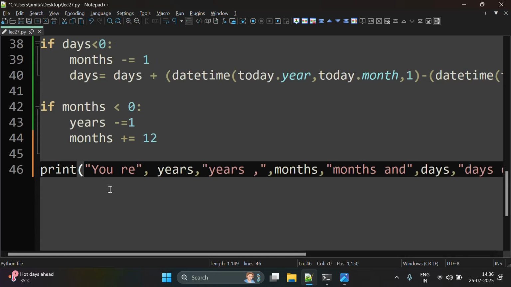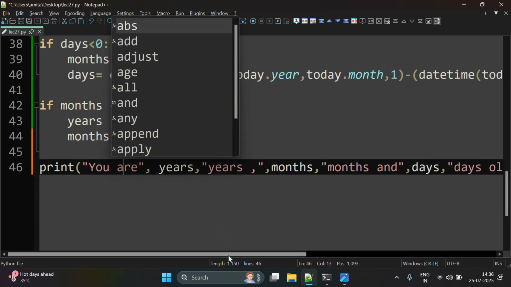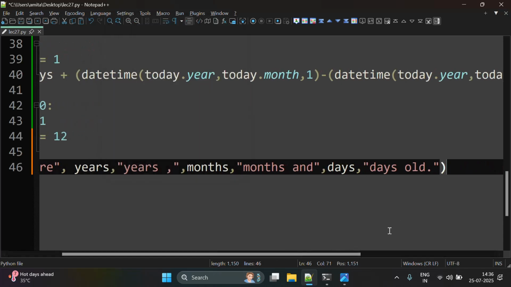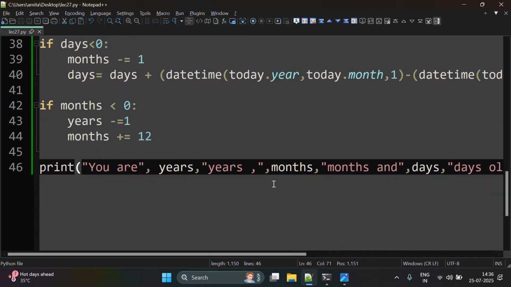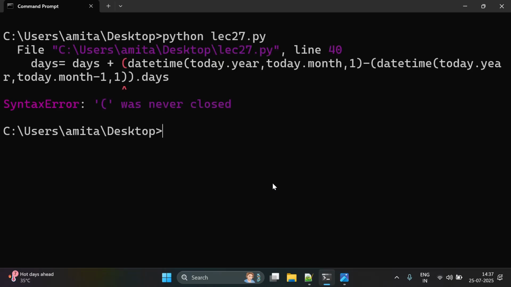So we have just printed that you are these many years, these many months, and these many days old. So now let us run the program and then we will write the further code. There is some error in line number 40.